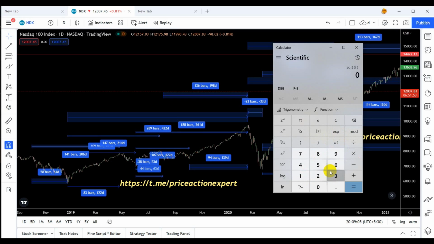That's how Gann used numbers. So 42 is the same as 420, and the same way you can double that. 42 times 2 is 84, and you can divide that as well. 42 divided by 2 is 21.